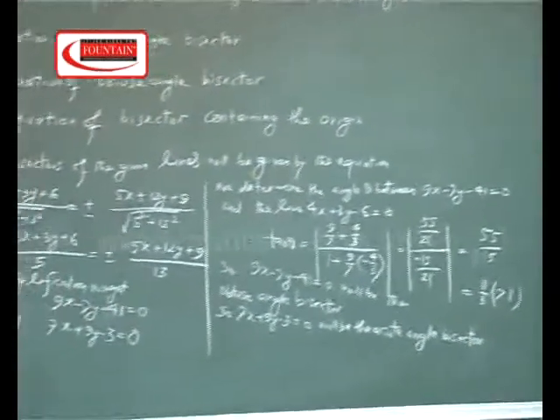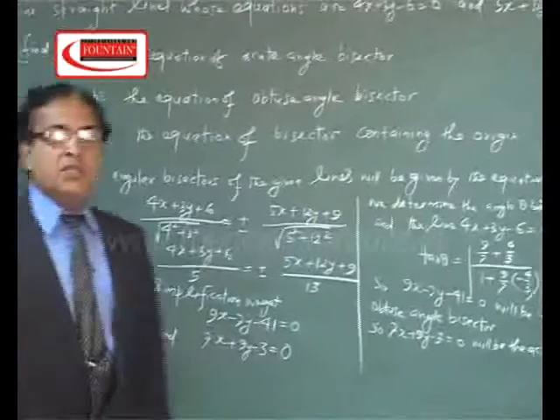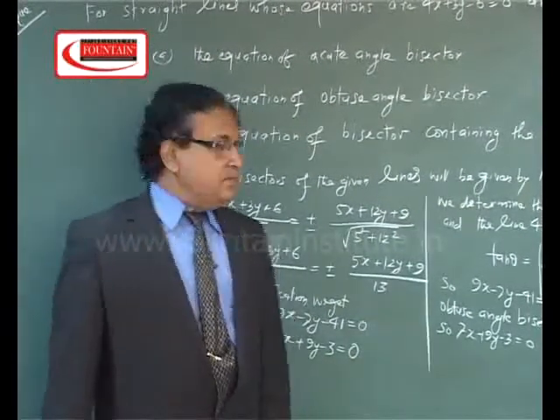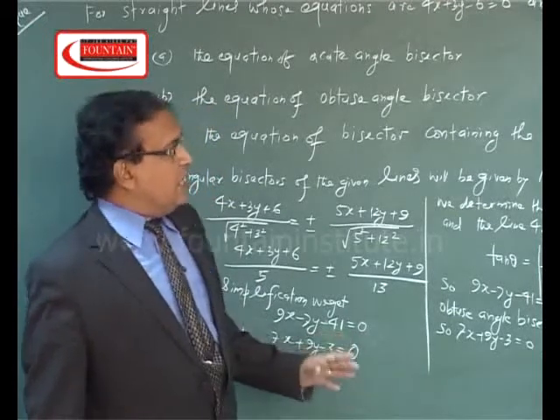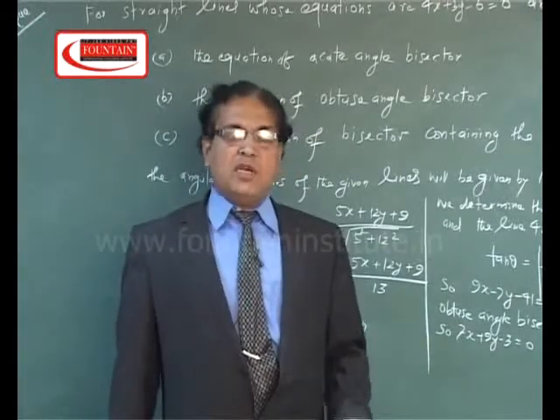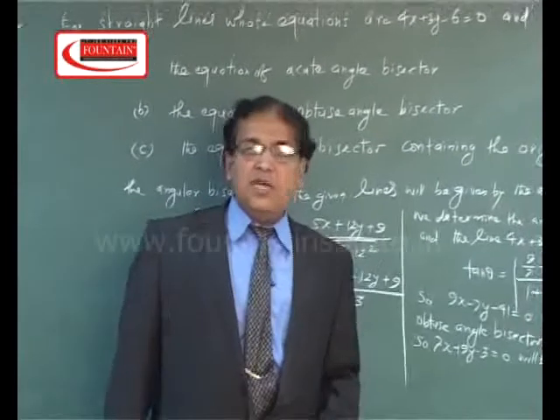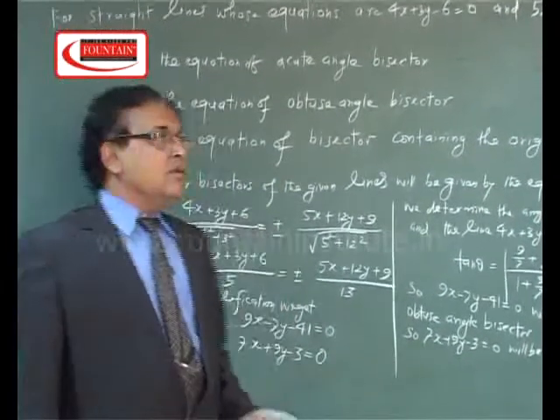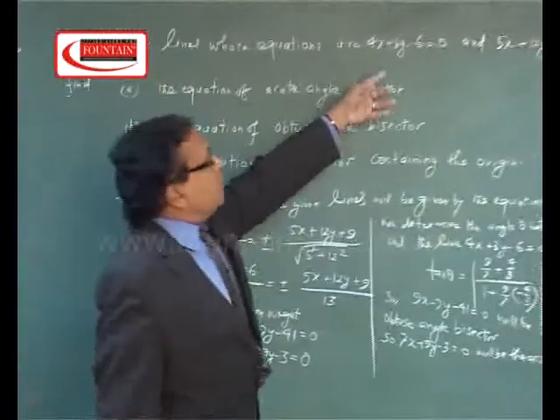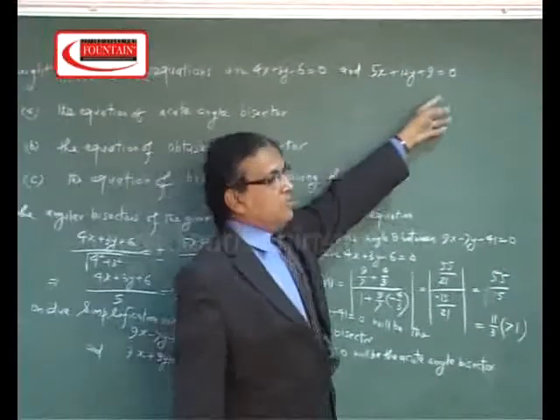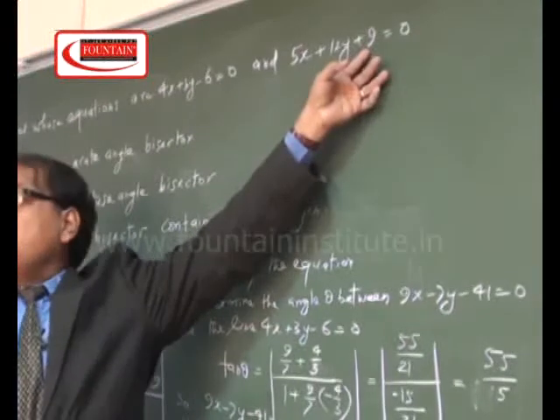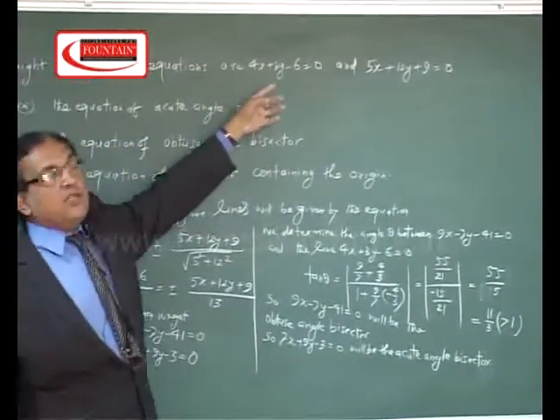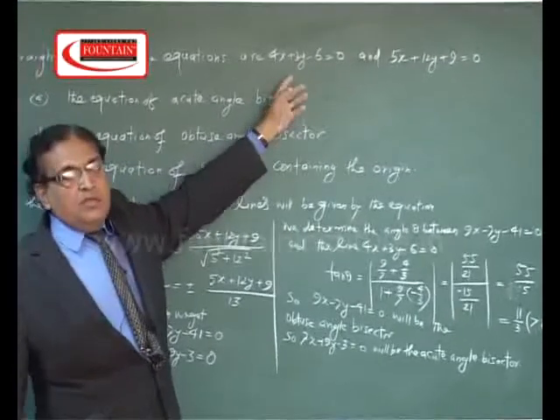Now the third part is the equation of the bisector containing the origin. For this we have to calculate the equation of the bisector once again, but there is a specific method for it. We change the constant into a positive term. This is already a positive constant, and this negative constant can be made positive by multiplying minus in the entire equation.